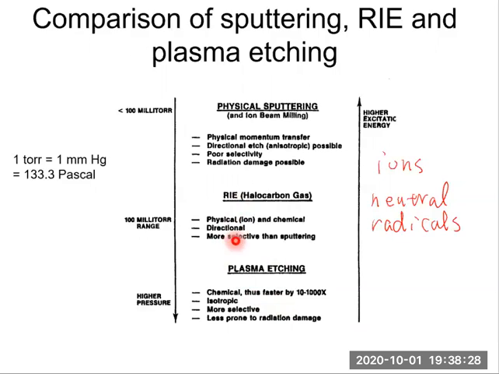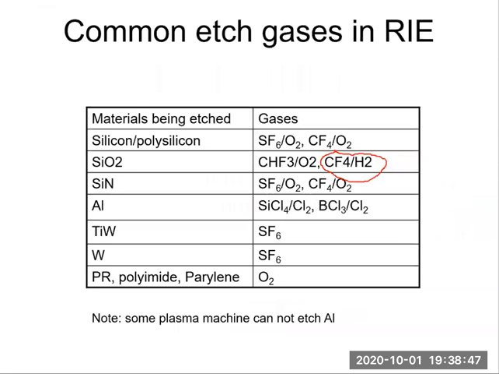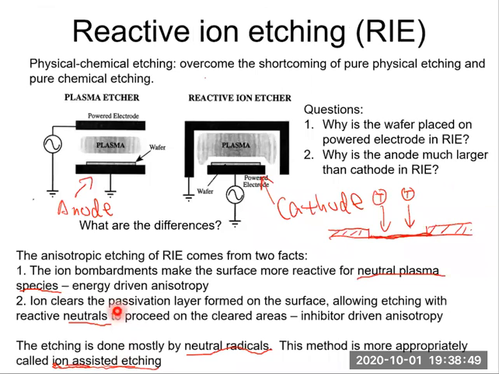And in RIE, the etching is mainly done by neutral radicals, and the ions play an assistive role. What kind of assistive role do ions play?